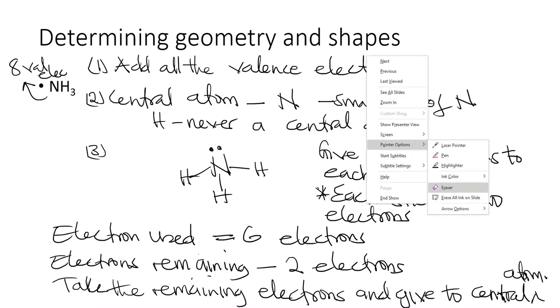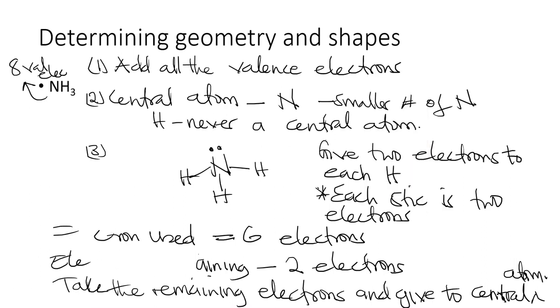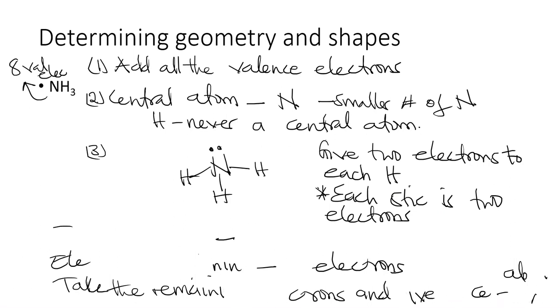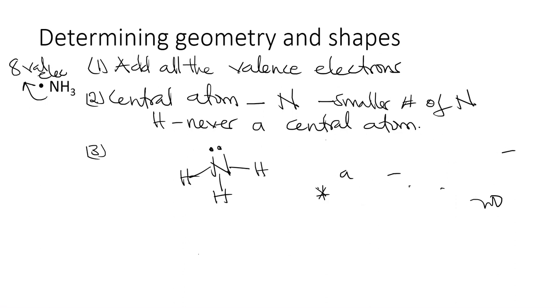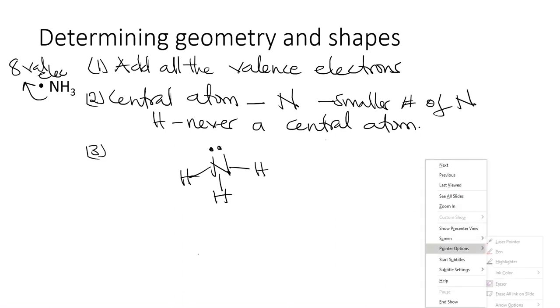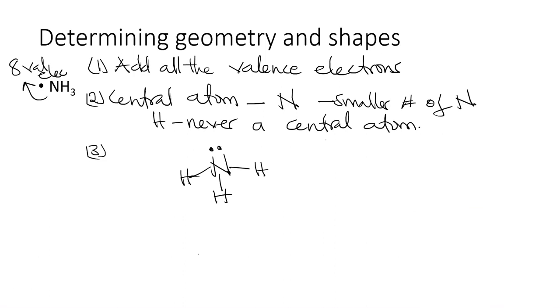So eventually, you can say that your geometry is tetrahedral. Your geometry is tetrahedral because we have 4 electron groups surrounding the central atom.